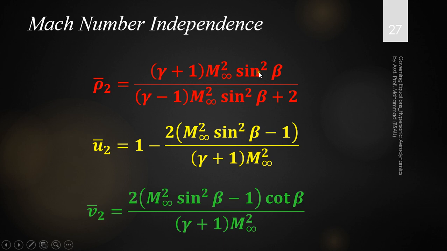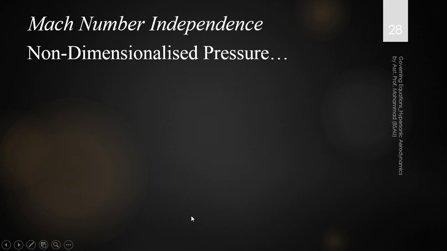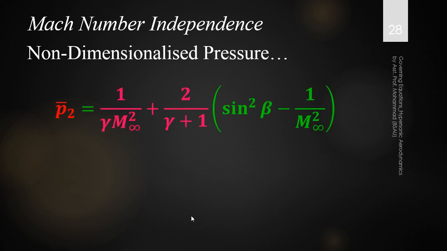And this M square sin square beta appears in all the three equations. You can see that it is here, and here, and here also. Even in the pressure relations, this is the non-dimensionalized pressure. We can see that M square sin square beta exists here also. If you take the common factor, M square comes in the denominator and becomes M square sin square beta minus 1.